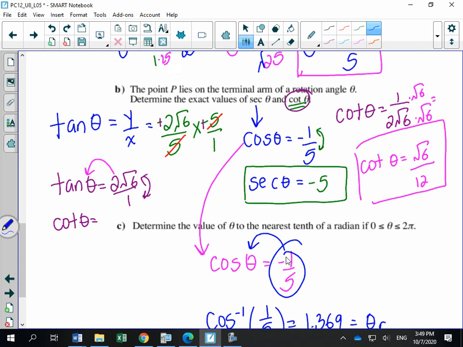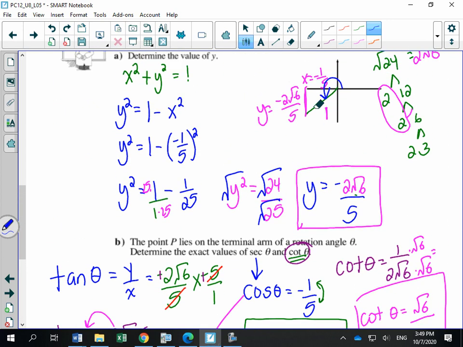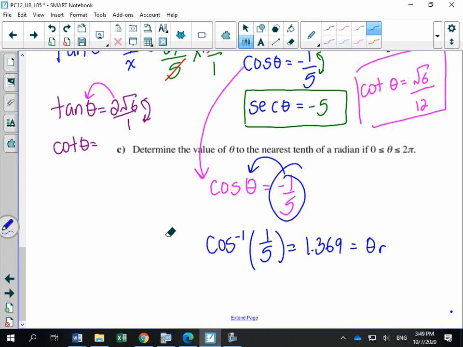What quadrant were we in? Going back up here, we were in quadrant 3. So let's put that reference angle in quadrant 3 and then determine the rotational angle. So in quadrant 3, that reference angle would be right up here, 1.369. The rotational angle is going to be pi plus whatever your reference angle is.